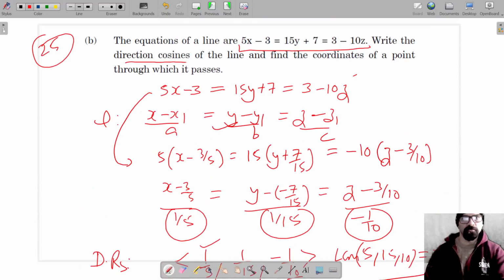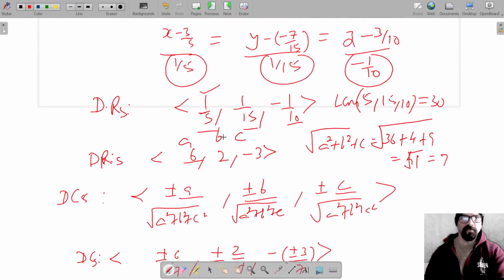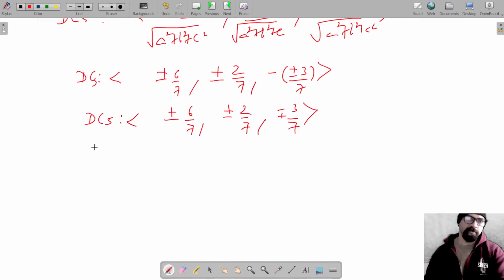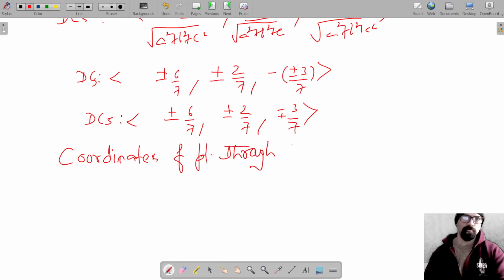So we have got the direction cosines of the line, and the coordinates of the point through which it passes. Let me write down the coordinates of the point through which it passes.